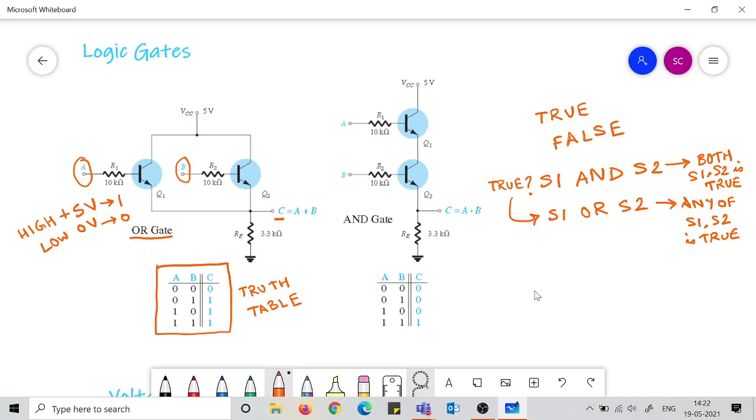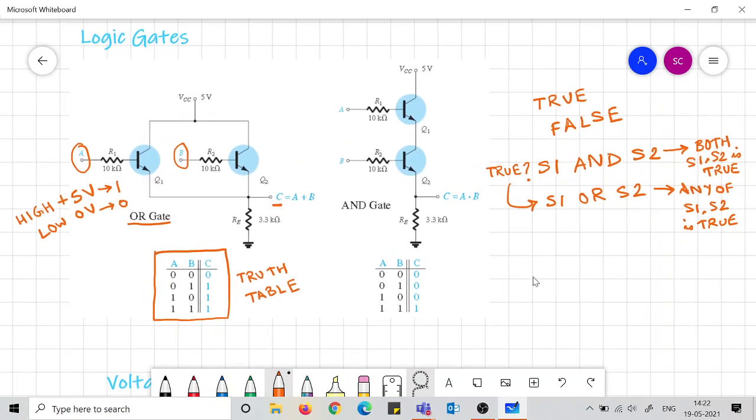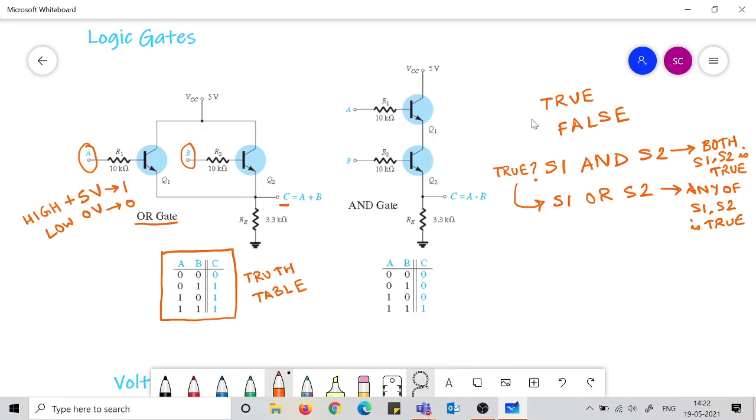But the point here is that this sort of logical operations, this AND, OR, are called logical operations. This sort of logical operations are now seen to be manifested through electrical circuits.